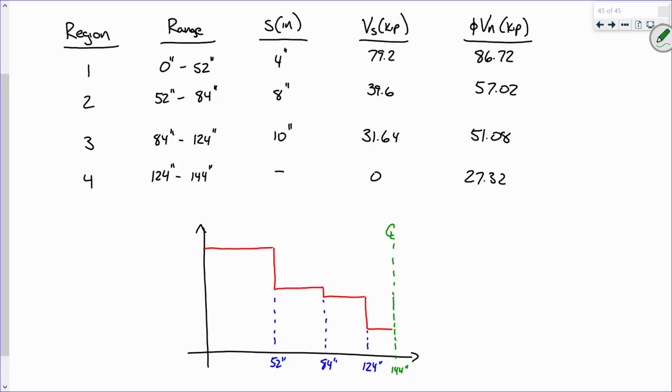Exactly. And another reason why we derive the equation is because if we just guess, let's say, an S value of 6 inches, we can say, based on an S value of 6 inches, that gives us some capacity, right? We can then determine where we can start using that stirrup spacing.